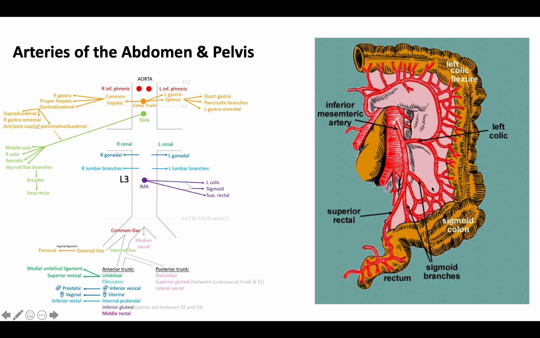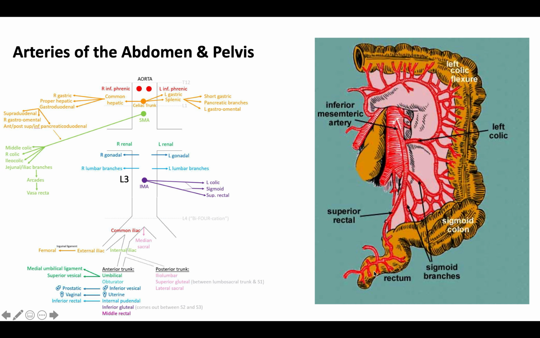And this one, we also have our sigmoid colon artery branches, or you could just say the sigmoid branches, going to the sigmoid colon, which is kind of like the very end part of the colon, right? It's also noted by having like an S for sigmoid.